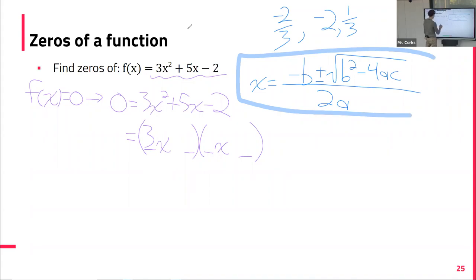Okay, so we're thinking 3x minus 1, and then what would the other one be? x plus 2, let's try that.